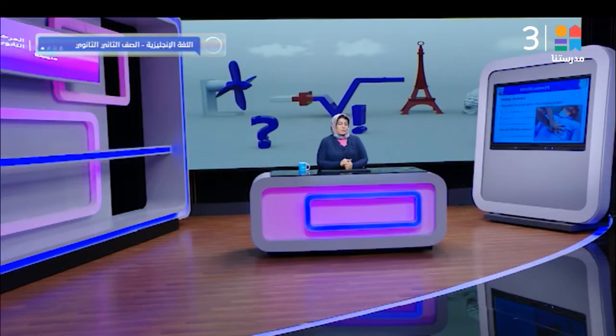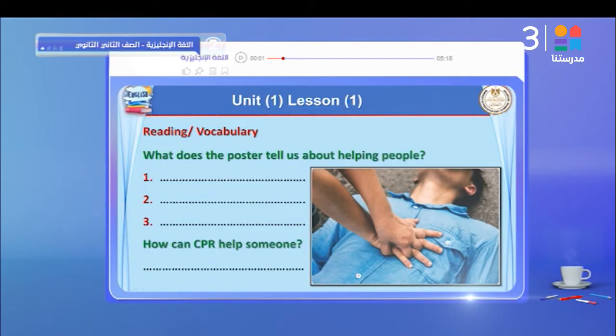If you're writing any comments, I'm going to see them myself and I'm going to reply to them. So the first question again, what does the poster tell us about helping people? And the second question, of course, we need 3 different things. And the second question is, how can CPR help someone?